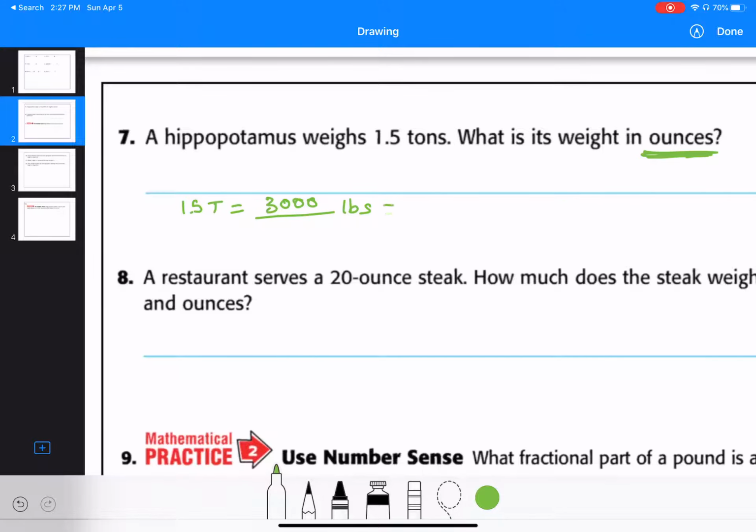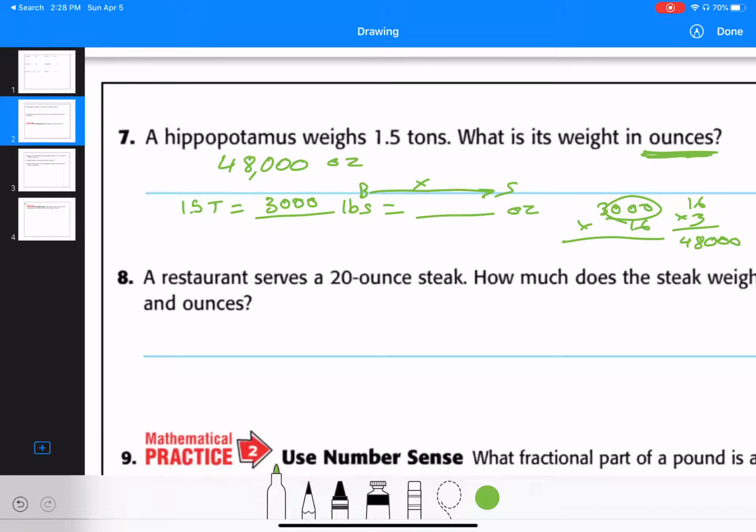Now, pounds converted to ounces, going from big to small, must multiply 3,000 times 16. I'm just actually going to take 16 times 3, which is 48, and add all my 3 zeros on there. So we have 48,000 ounces.